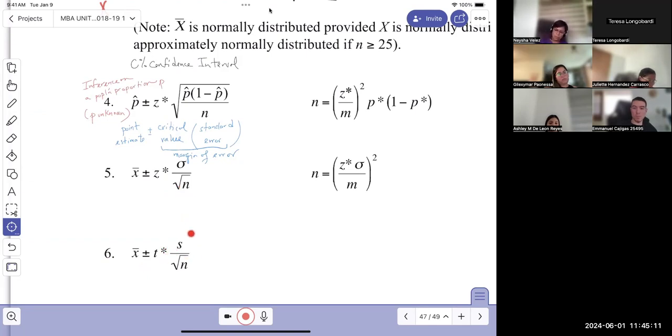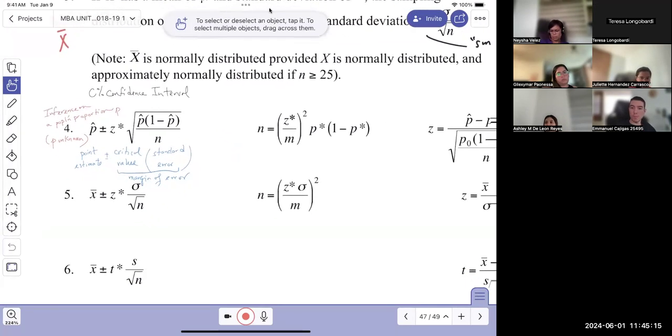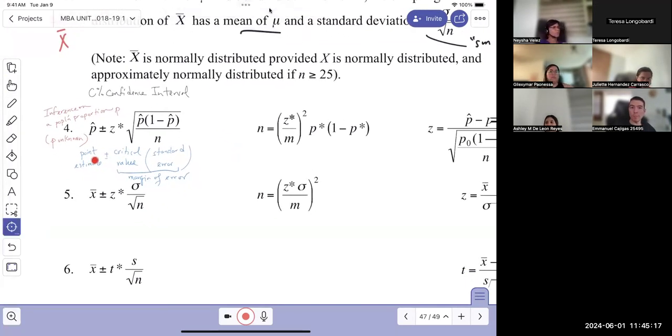That's what we're going to talk about next week, but hopefully you'll get there on your own and see the pattern. I'm always going to add and subtract the critical value multiplied by the standard error.